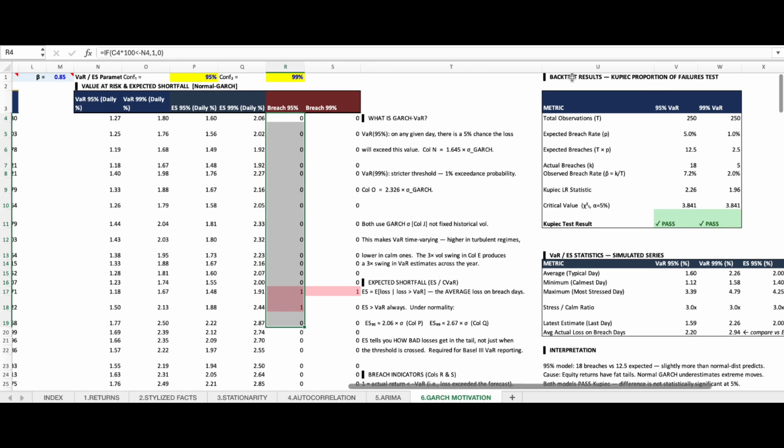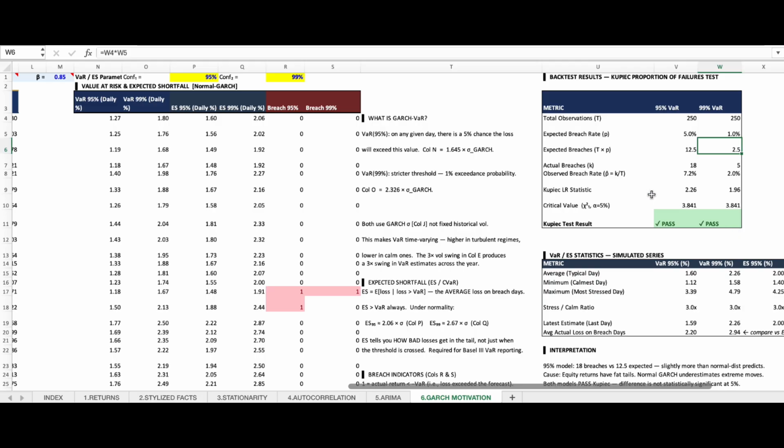What we are doing here is actually backtesting our own model which we just created. On this simulated series, the 95% model has 18 breaches versus 12.5 expected, slightly more than expected. And the 99% model has 5 breaches versus 2.5 expected.